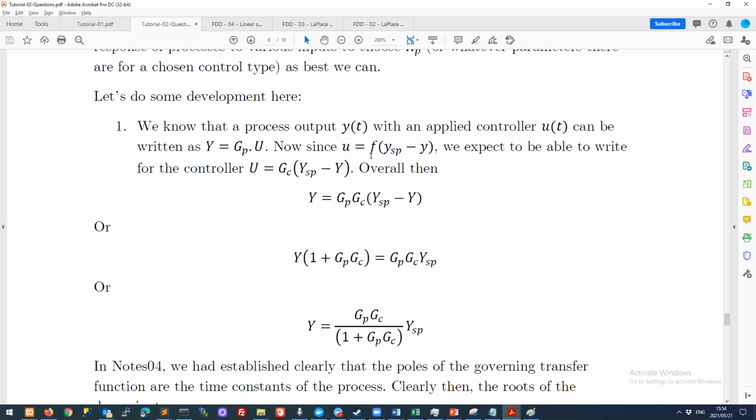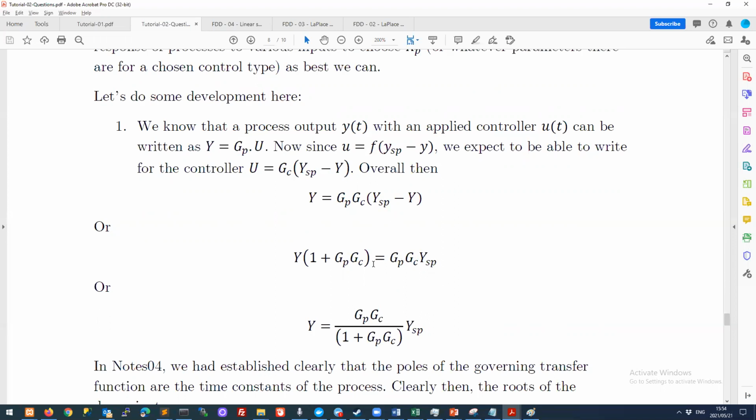So your controller function F here, we translate it and we use the subscripts now, P and C, just to remind ourselves, this GP is about the process and this GC is about the controller. So in the proportional case, GC is KP.